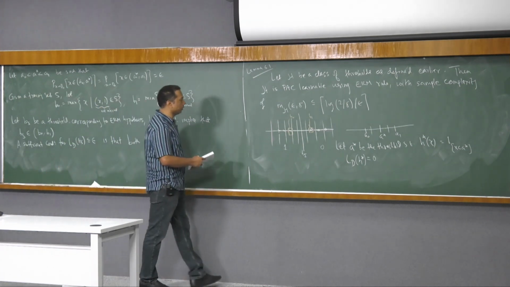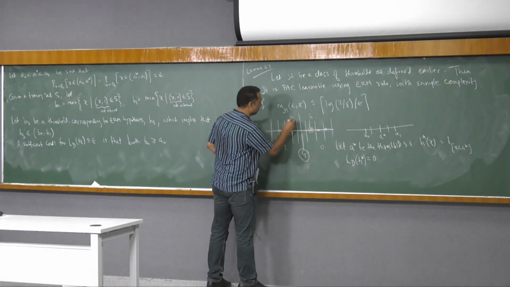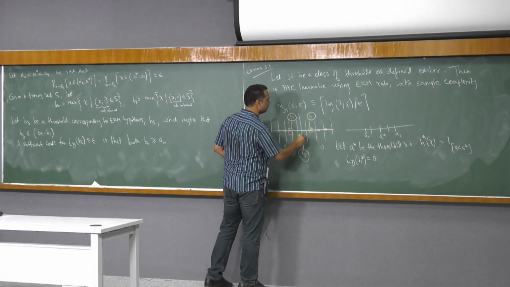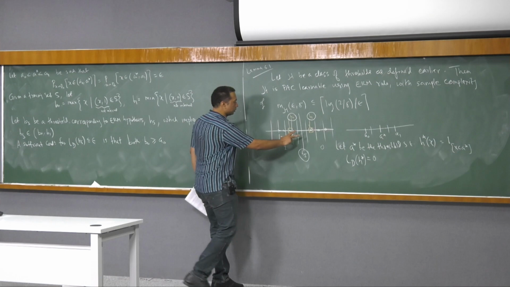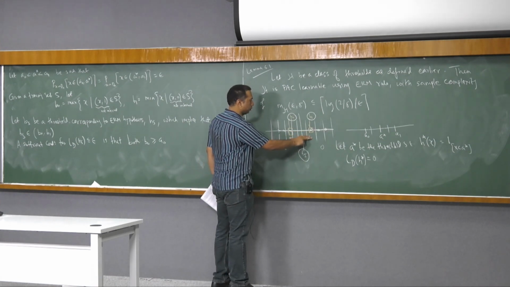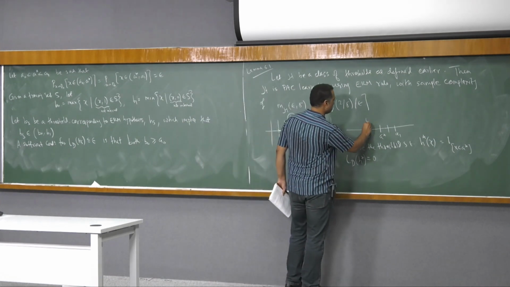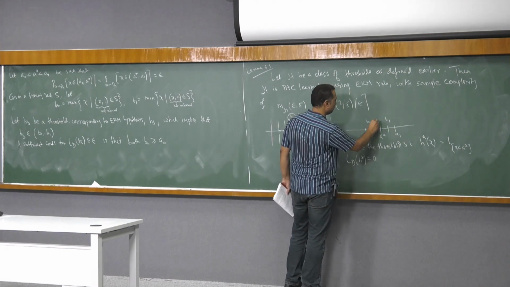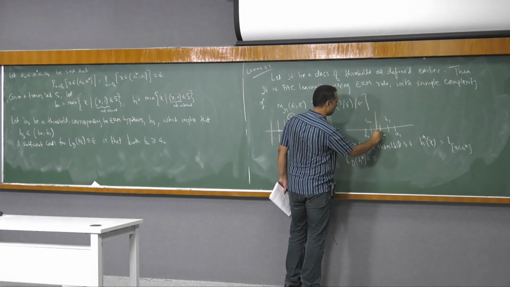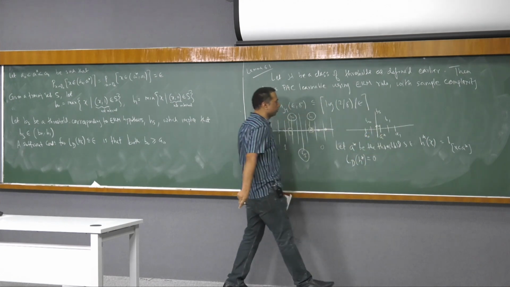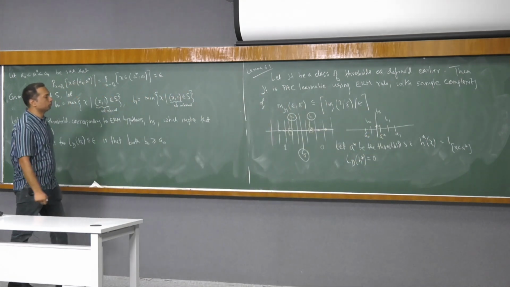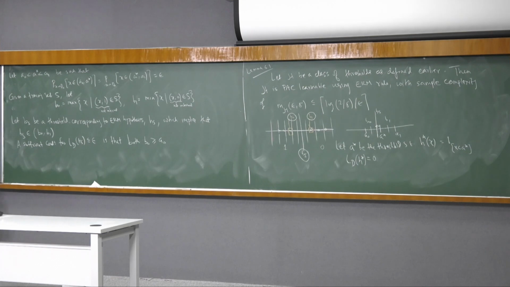So BS is somewhere here, B naught is somewhere here, B1 is here. So if these guys were such that B naught somehow lies here, B1 lies here, BS lies somewhere here, then these guys are quite nice, I mean within epsilon distance, right.